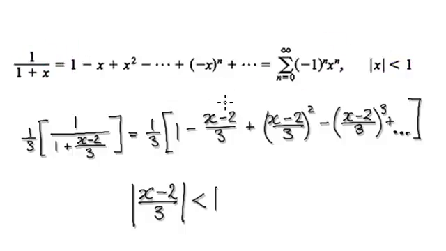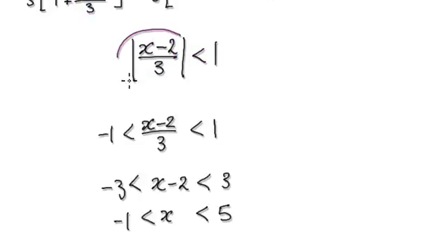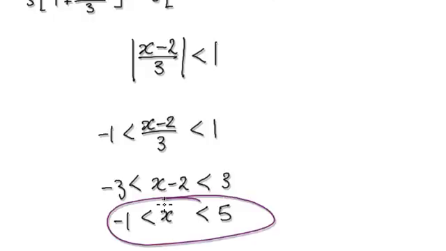So we need the absolute value of this bubble to be less than 1 for convergence. Whenever you see this absolute value less than 1, you can always translate it as this. So now multiply everything by 3, that will give you this, and then add 2 to everything, that will give you this.